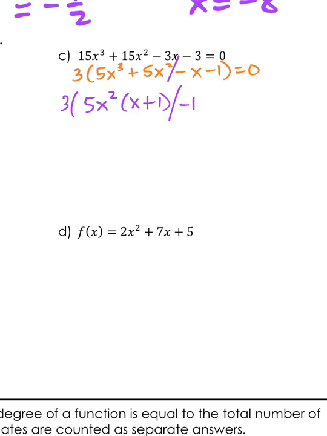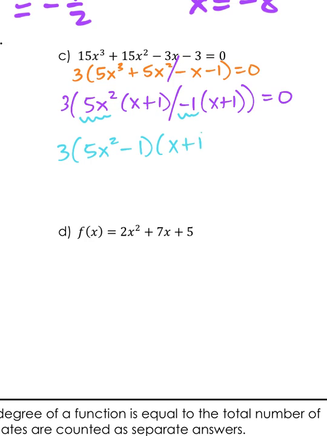So I'm going to take a negative 1 because I want x plus 1 as my common factor. So then whatever I took out as the greatest common factors, I'm going to combine those as one factor. So I've got 3 on the outside. I'm going to make this 5x squared minus 1, and then x plus 1.